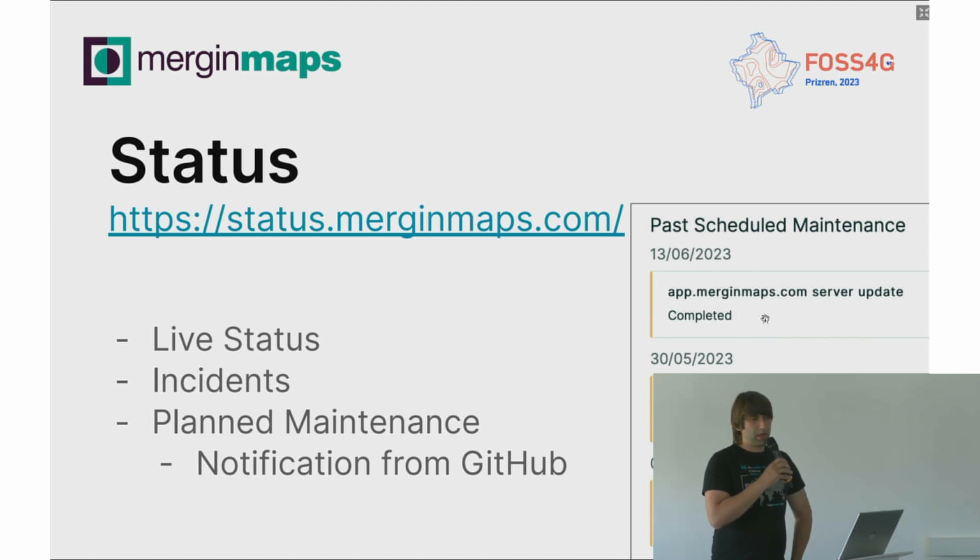If it is not a planned maintenance or some incident, and if there is nothing on the status page, you can check on the community Slack channel or write to our support. For uptime, we have very good results. Usually it's up, but this is the best place to check.